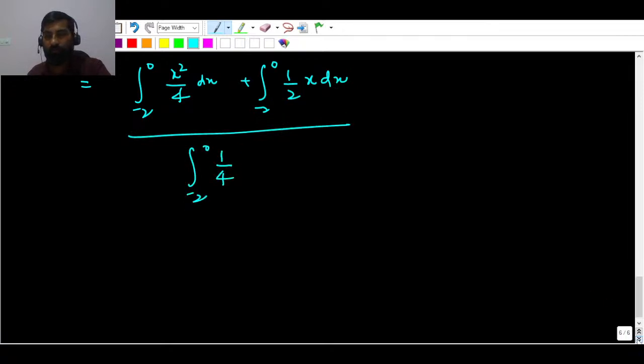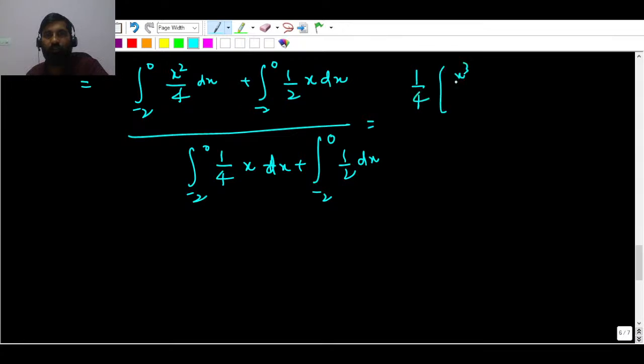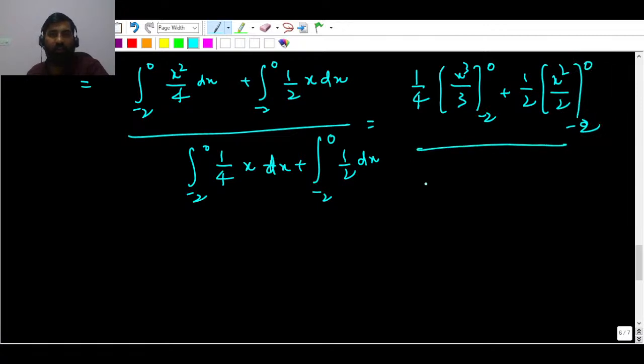Only calculation is there, that's it. So I think you will be able to solve this. If you solve this, what will be there? 1 by 4 by 3, and this is going to be 1 by 4.